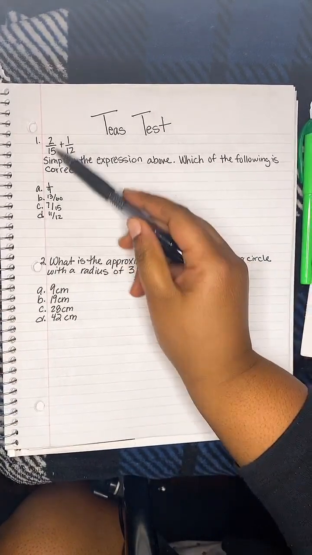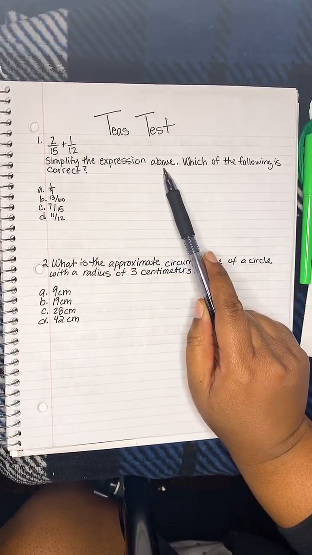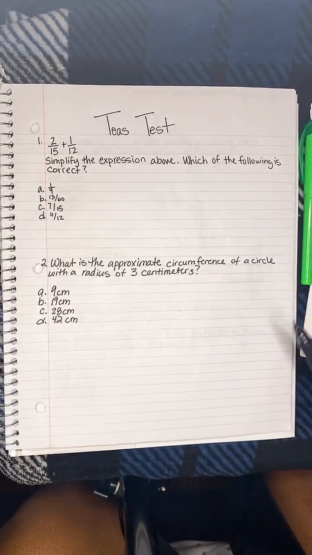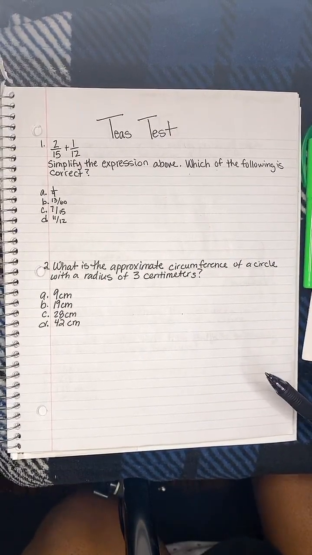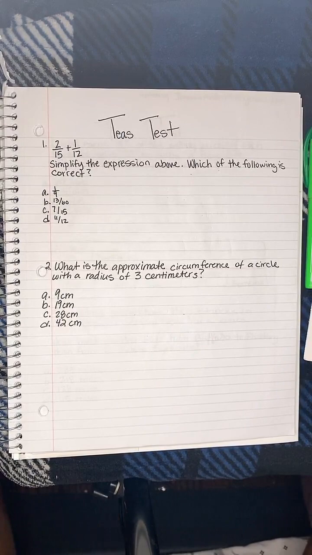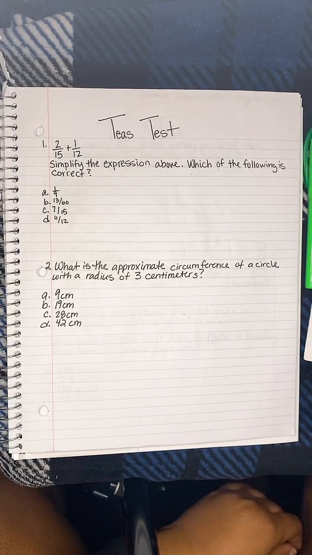Okay, so it says 2/15 plus 1/12. Simplify the expression above and write which of the following is correct. Whenever you add fractions, what must you have the same?